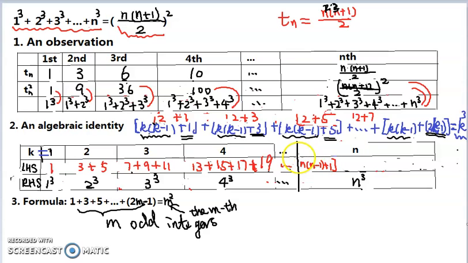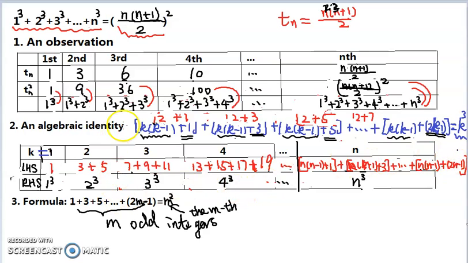Because I don't really have a lot of space here, I'm just going to write down the first two and the last one. The last one, we replace k with n, plus 2n minus 1.